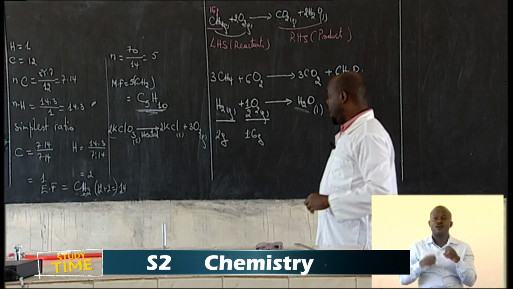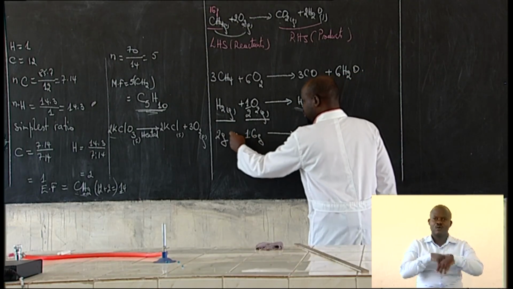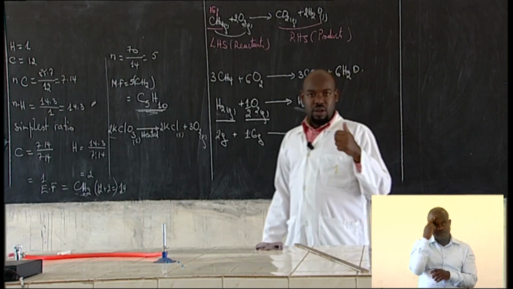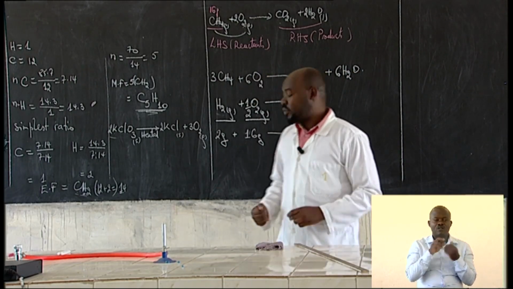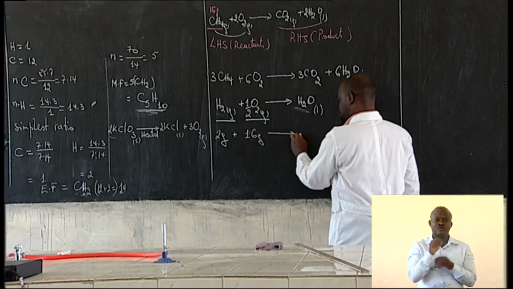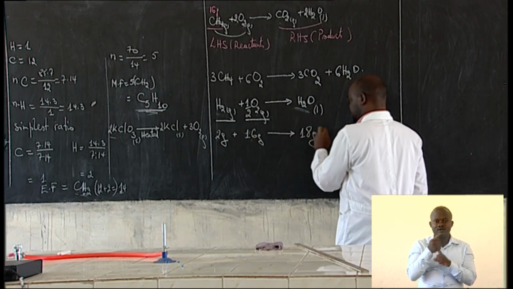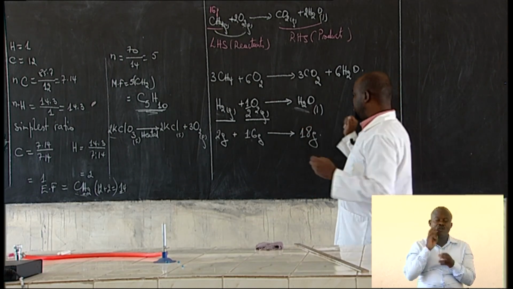And what do we produce? Do you remember the law of conservation of matter or of mass? You can see if we take 2 grams plus 16 grams, we should get 18 grams. And what is the mass of water we produce?